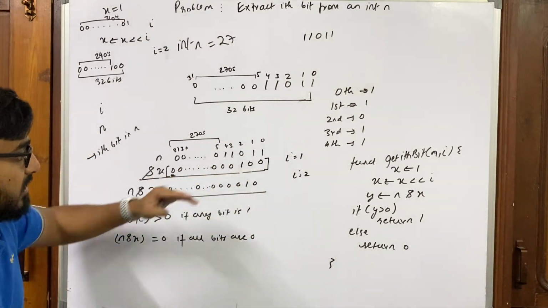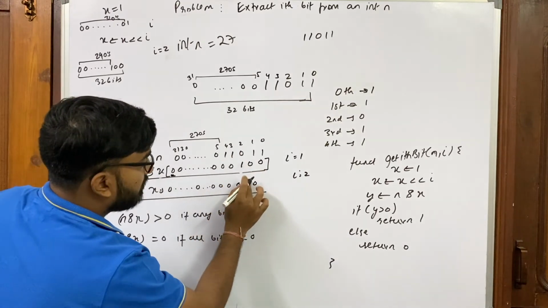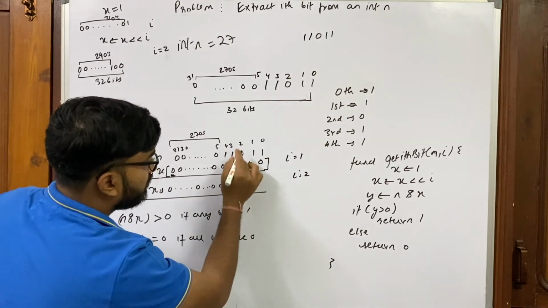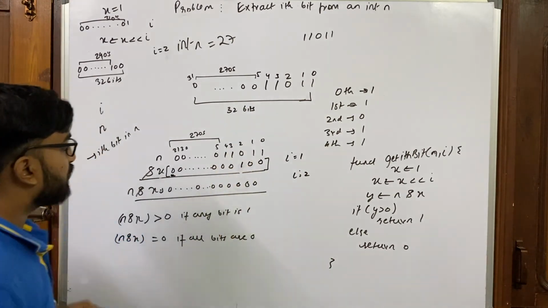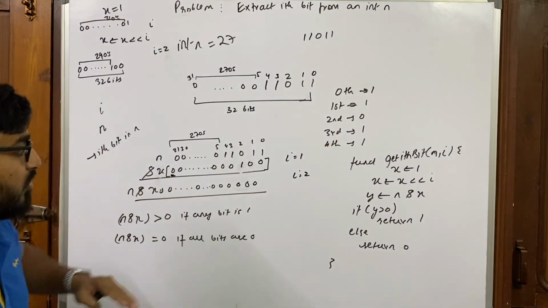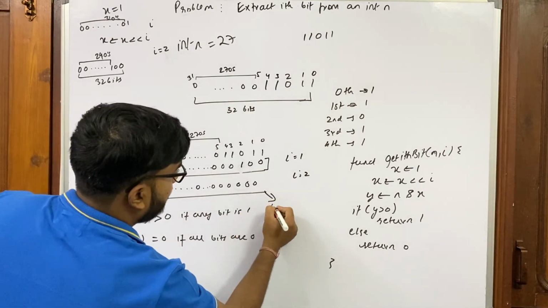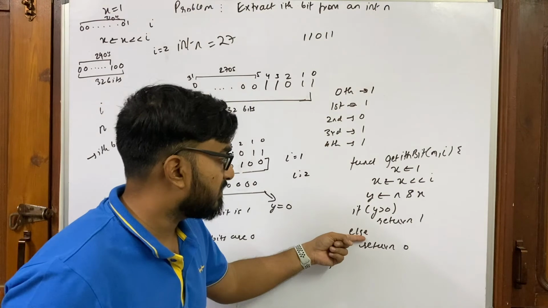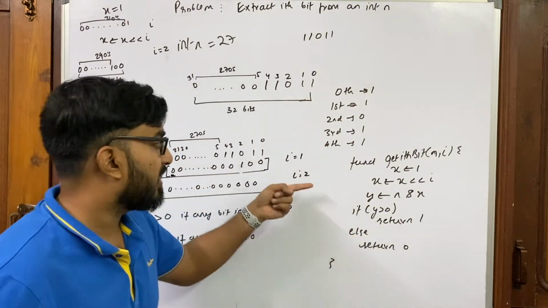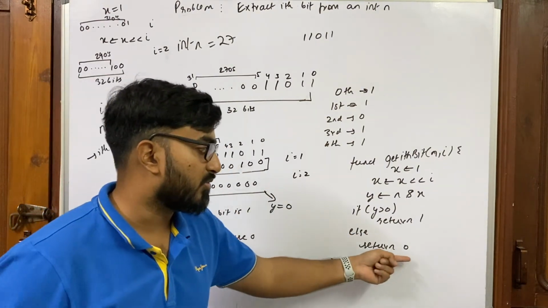When you ampersand this, 1 into 0 is 0, 1 into 0 is 0, 0 into 1 is 0, 1 into 0 is 0, 1 into 0 is 0. So you get all bits 0, which is basically the integer value 0. So in this case, you return the else, so you return 0. So the ith bit for I equal to 2 is going to be 0.